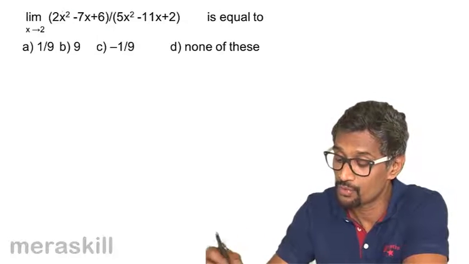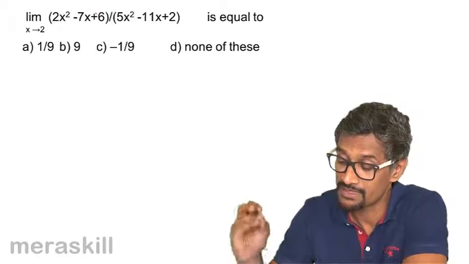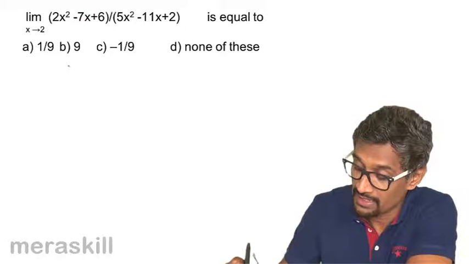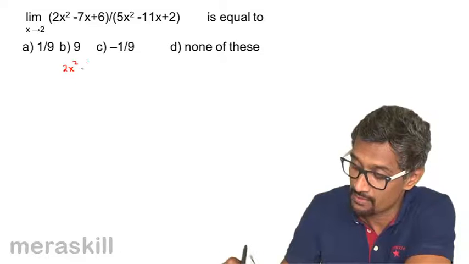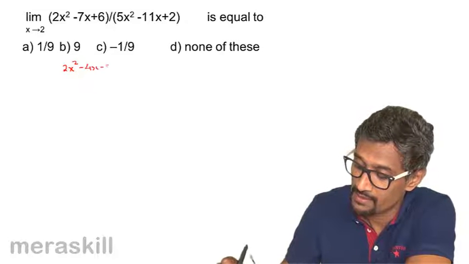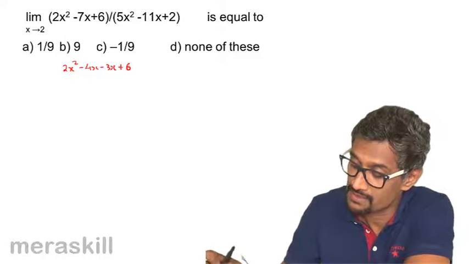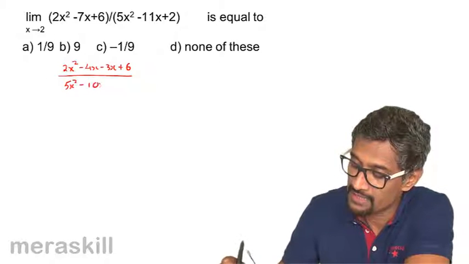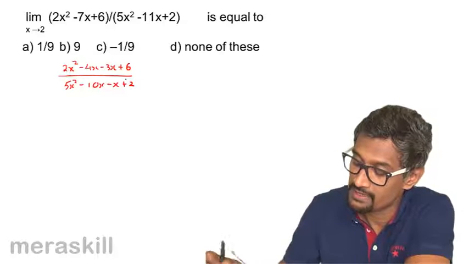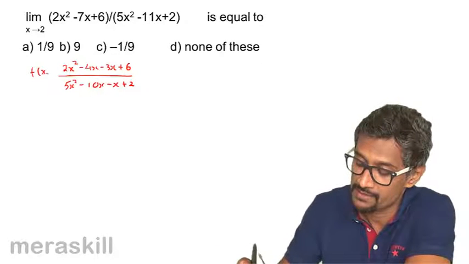So we have 2x squared minus 7x plus 6, and hence we write it as 2x squared minus 4x minus 3x plus 6 upon 5x squared minus 10x minus x plus 2. So this will be f of x.